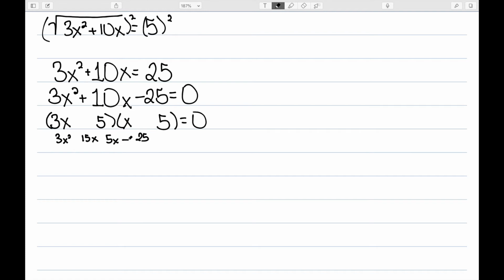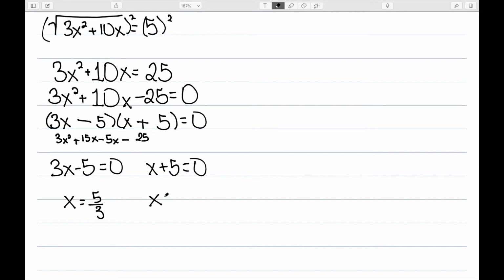We know this needs to be a minus 25, so one of these terms should be positive and one should be negative. And this is going to work if I do plus 15 and minus 5. So I need to do a minus here and a plus here. That gives me 3x minus 5 equal to 0 and x plus 5 equal to 0. If you solve these equations, you get x equal to 5/3 and x equal to minus 5.